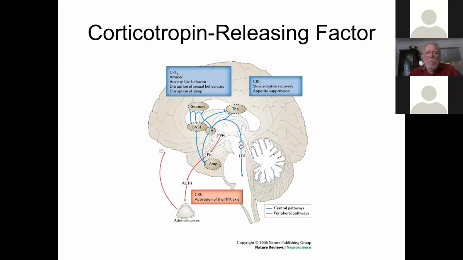Very often what we would do is divide things arbitrarily into three different categories: neurotransmitters, then releasing and inhibitory factors, and then pituitary hormones. And very often we would say that the three are distinct from one another.